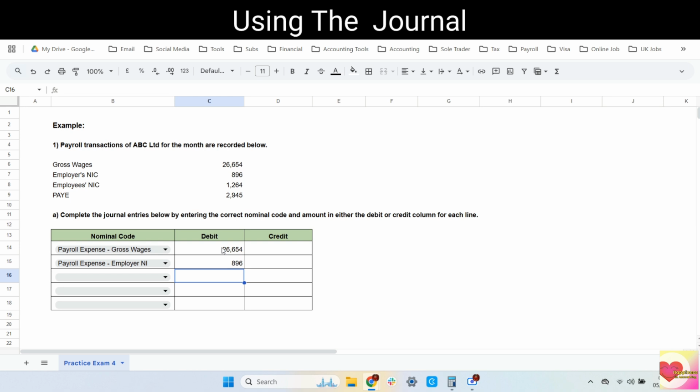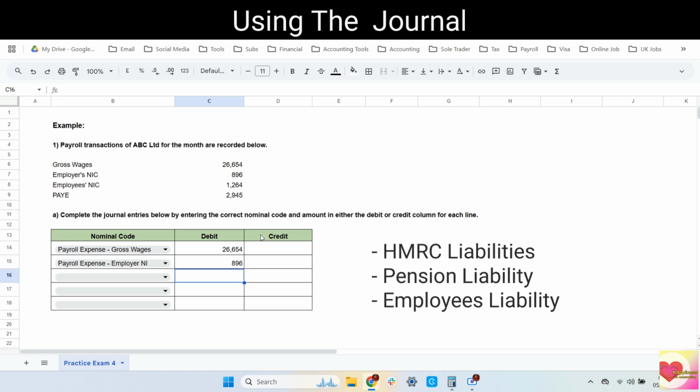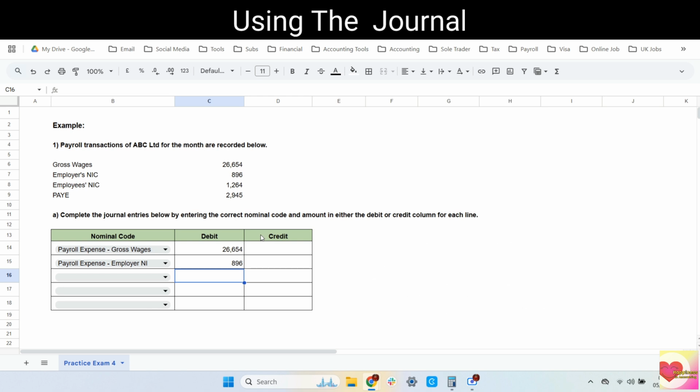Next, let's move on to credit. The transactions we enter in credit are the payroll liabilities. Usually, they are liabilities to HMRC, to pension provider, and to the employees. As I've said earlier, we don't have pension in this example, so we only have the liabilities to HMRC and to employees.